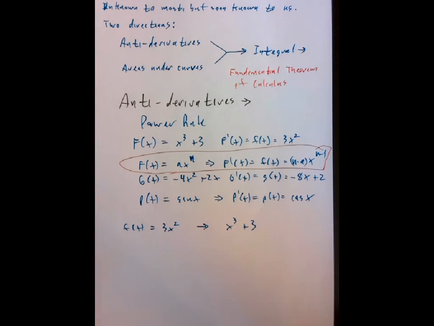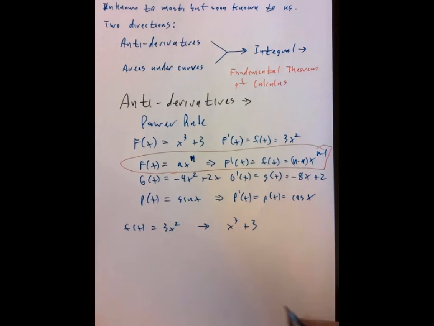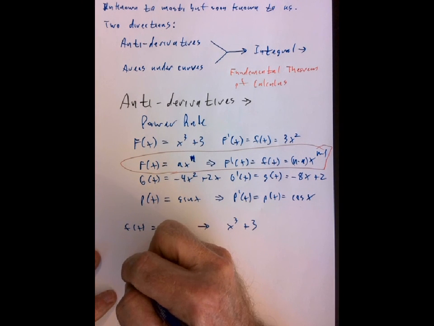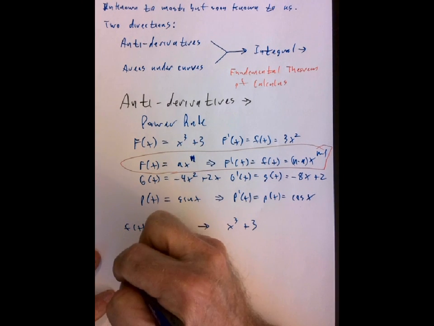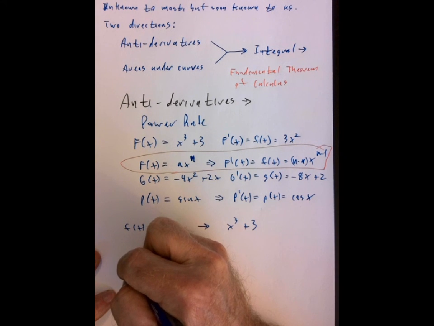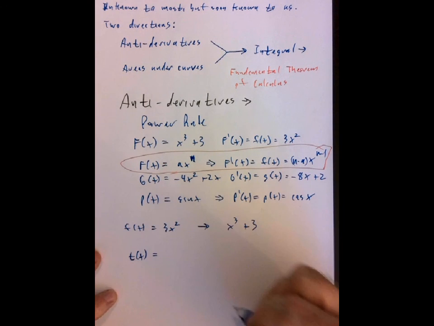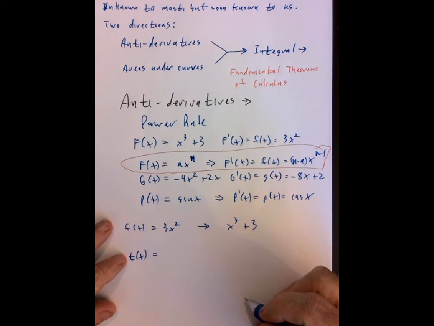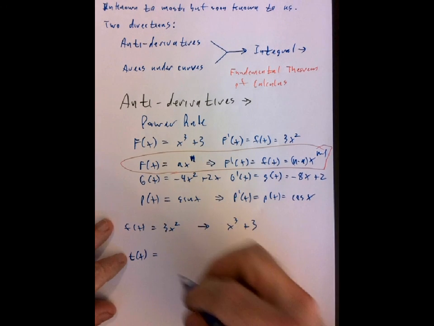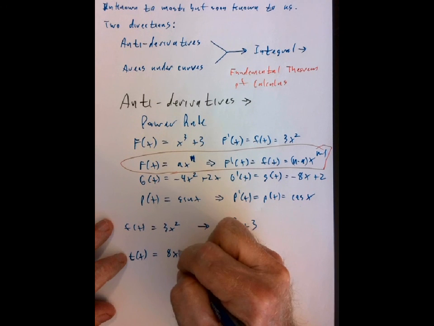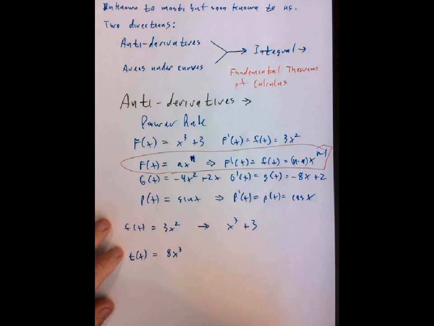What if we've got little t of x, and I happen to know that that's 8x cubed. Can you name a function?